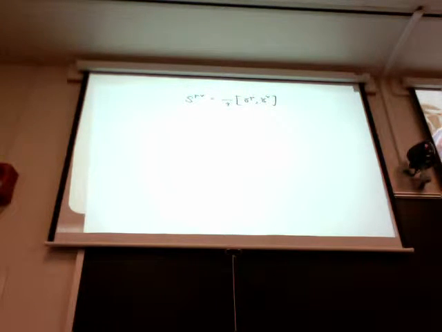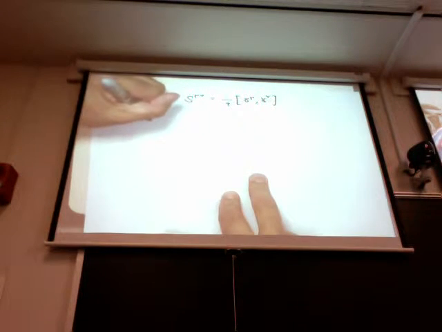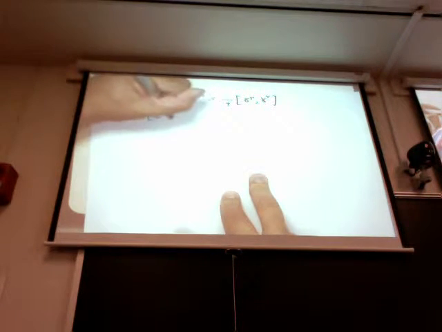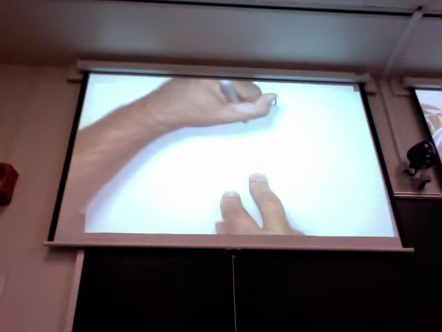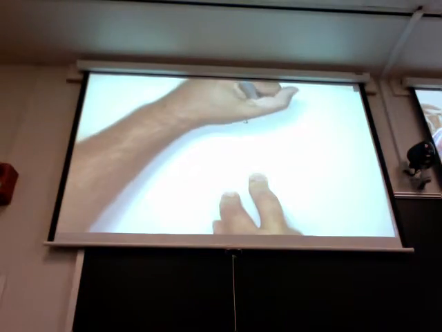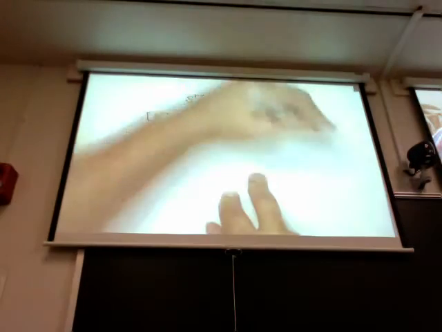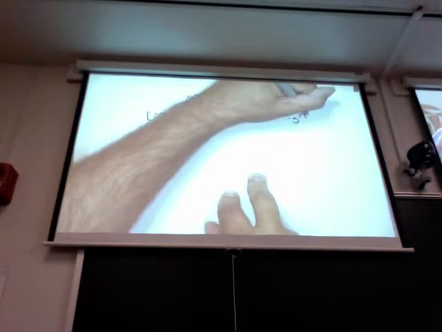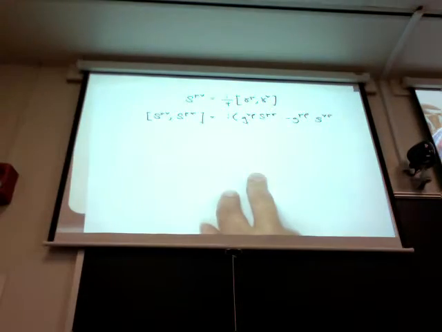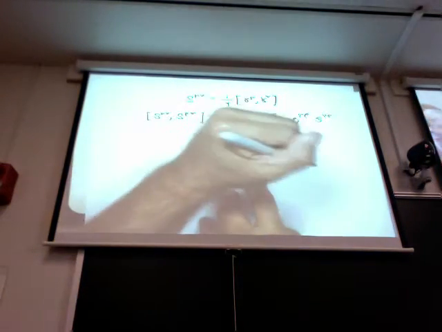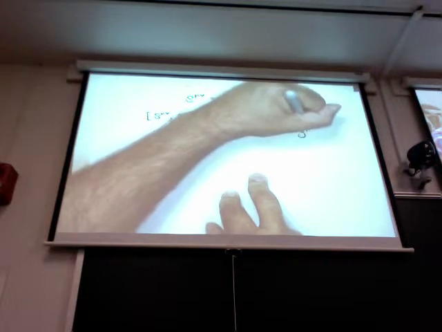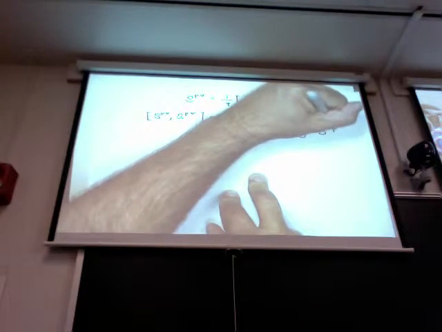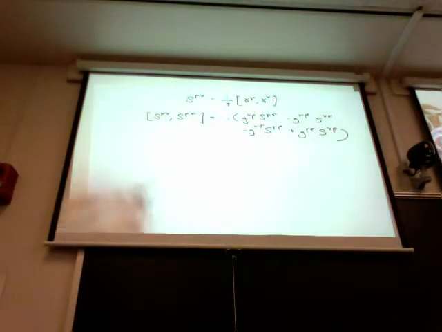Remember that we had that condition on the commutator of 2 generators, this God awful thing with 4 different terms: i times g nu rho S mu sigma, minus g rho mu S nu sigma, minus g nu sigma S mu rho, plus g mu sigma S nu rho.